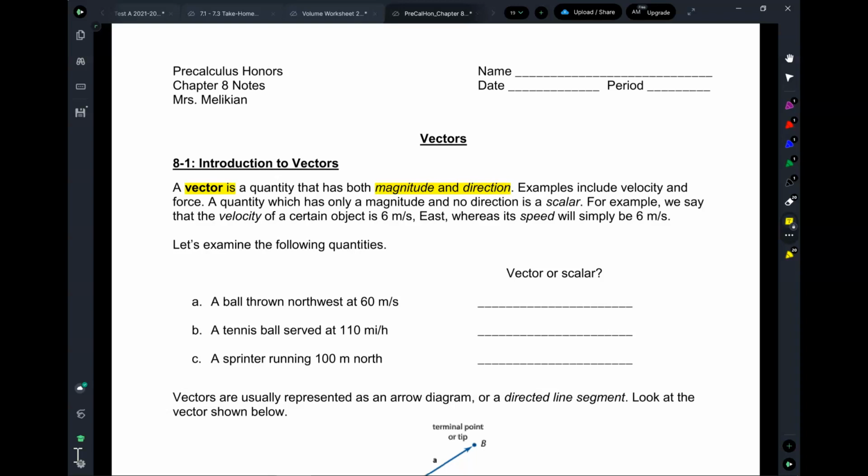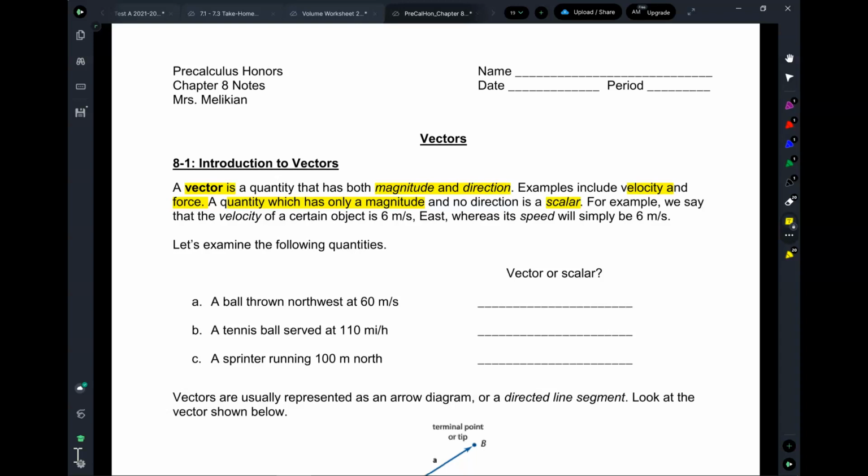So an example of a vector quantity would be velocity and force. These are vector quantities. Whereas, let's say, speed is not a vector quantity, okay? If a quantity only has a magnitude and no direction, it is called a scalar. So the two different quantities are either a vector or a scalar.